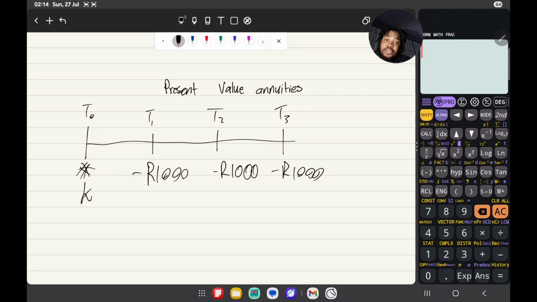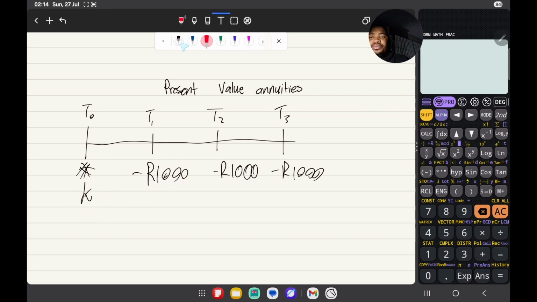So now I'm asking you a question: how much money must I deposit right now? That is K, right? K is the amount of money I'm gonna deposit right now that will enable me to withdraw 1,000 rand each and every year for 3 years, and be done.